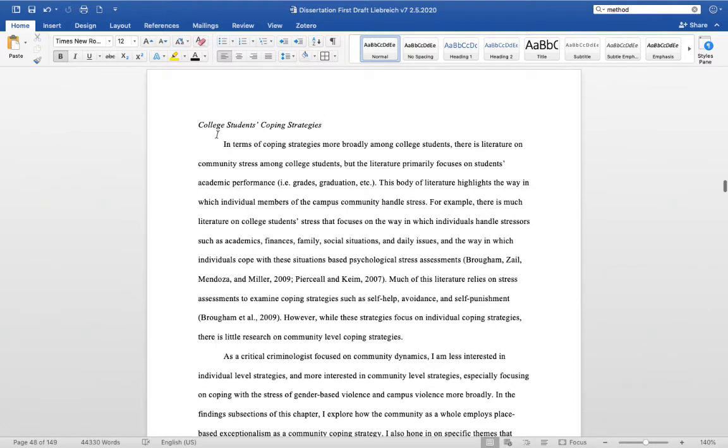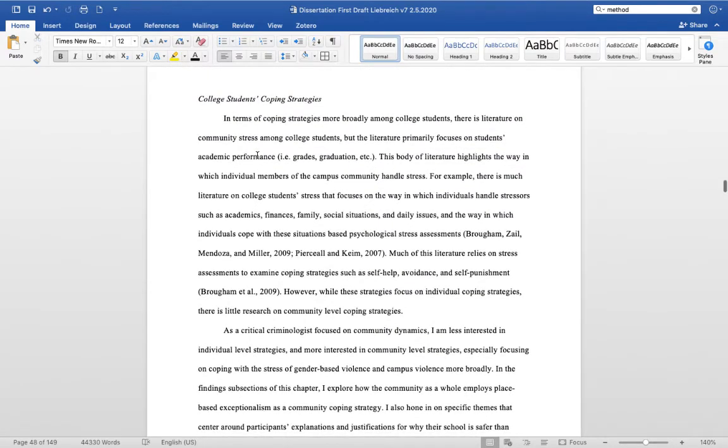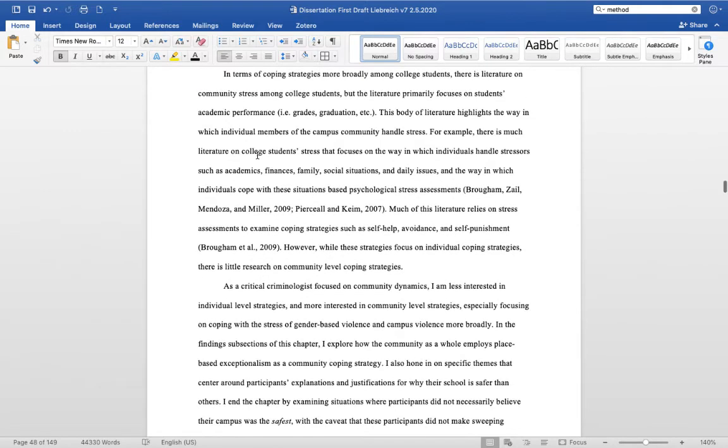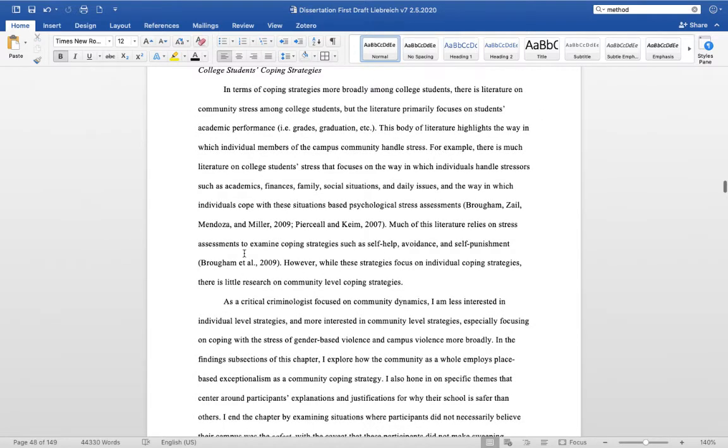And then this heading right here is the first subsection of my literature review. This subsection is about college students' coping strategies. You can see here that in this paragraph I am summarizing what all of these scholars are saying about college students' coping strategies.